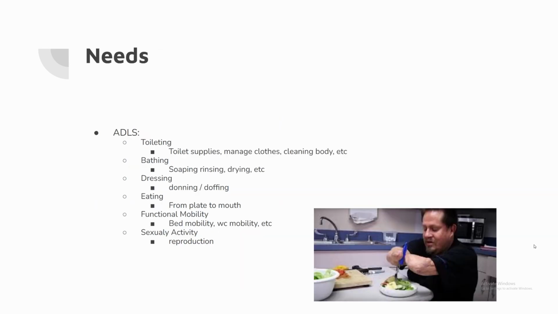And then we're going to talk about some of the needs. Once everything has occurred, so if they've lost a limb or anything in general, we need to work back on the ADLs. We've got to work back on the basics of toileting, bathing, dressing, eating, functional mobility, and even sexual activity.